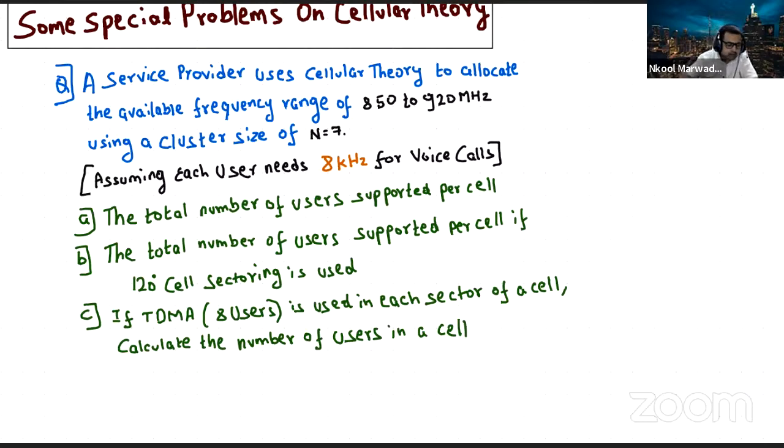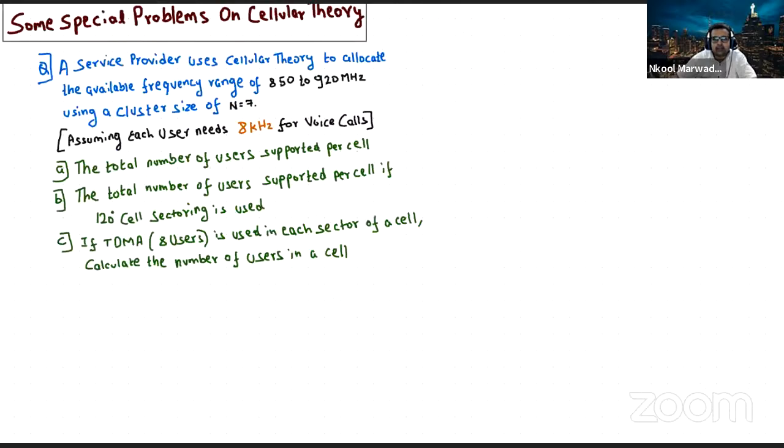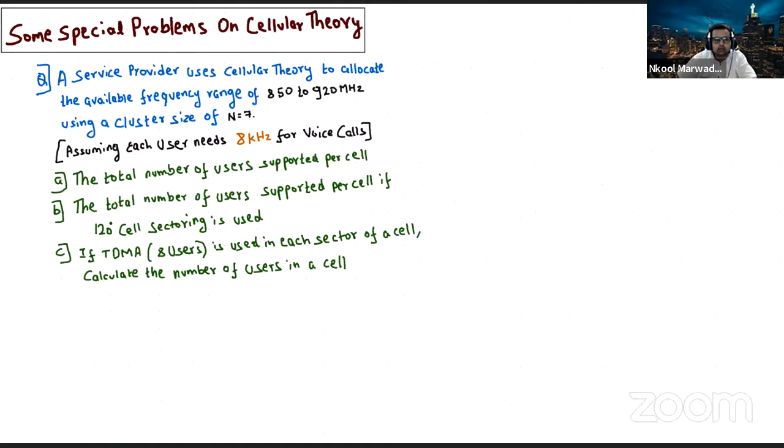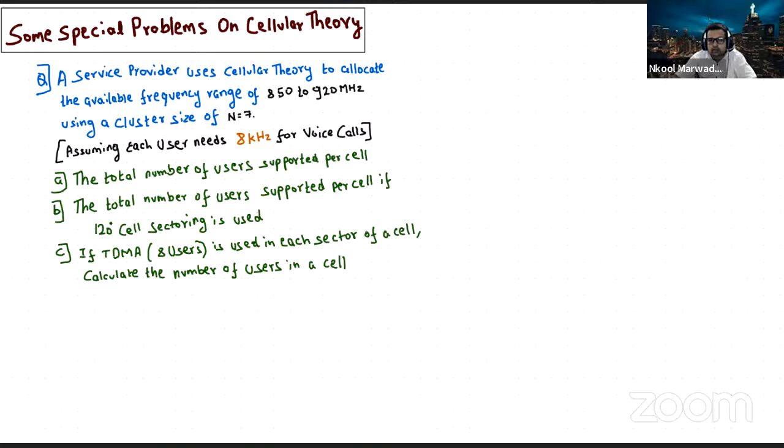Now let us solve this one by one. So first, what we can do is whatever is given to us, let us first identify that. Okay. So if I just write given, can we identify the available frequency range?